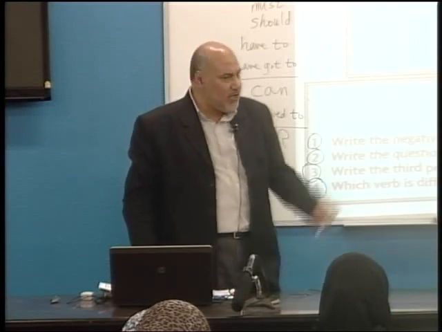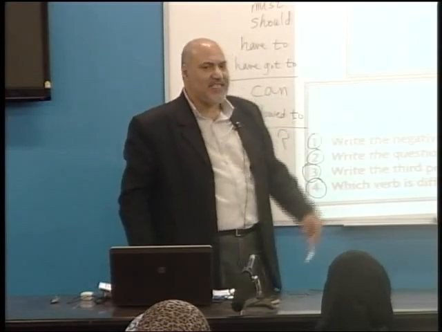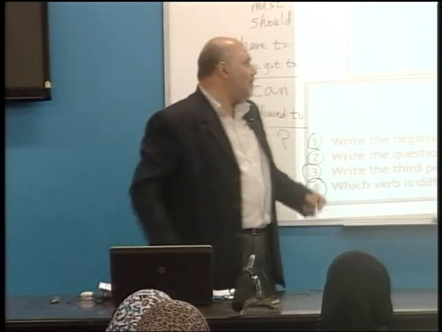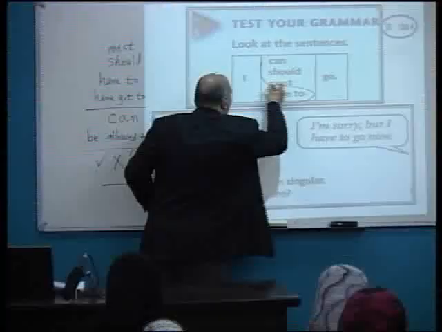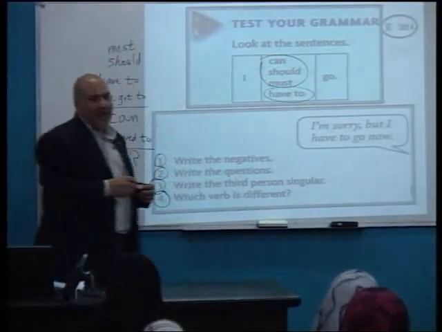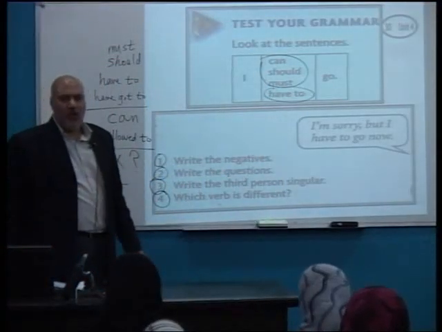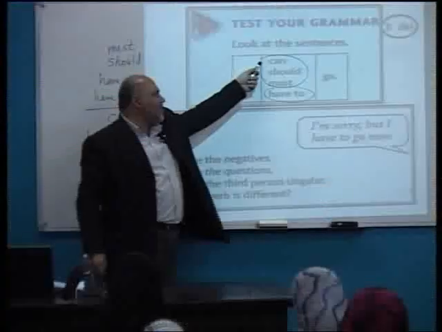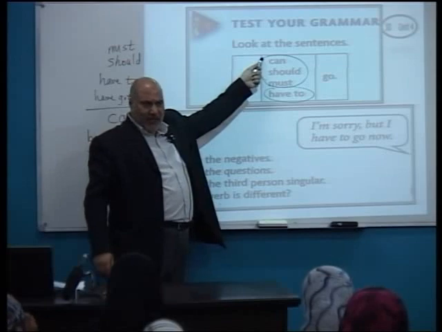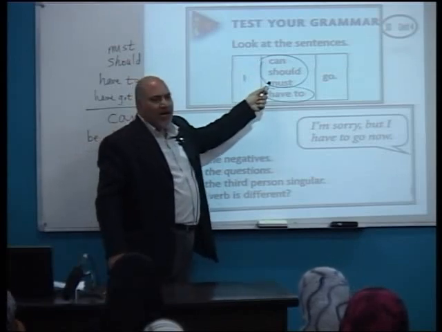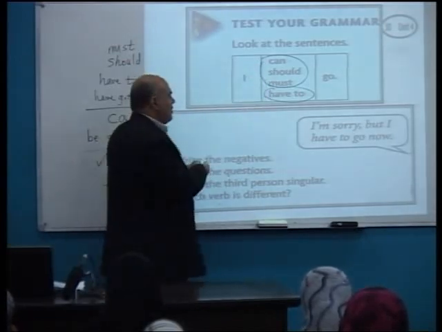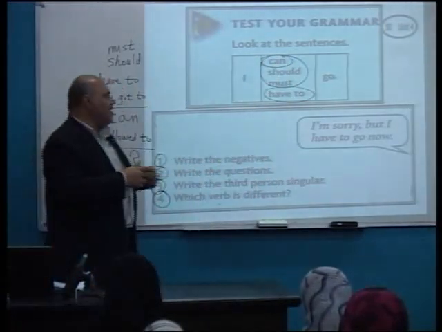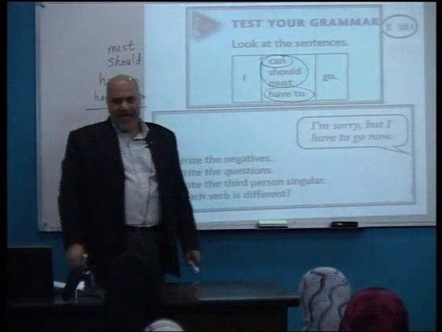When I use it in the grammar, it is like the full verb. But these three are all modal verbs of obligation and permission. This one is for permission, and these two are for obligation.